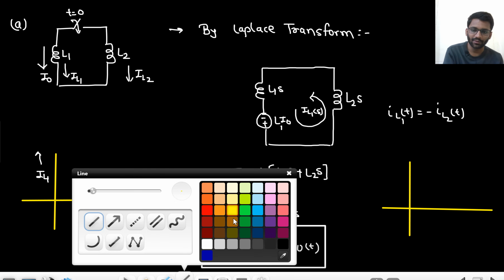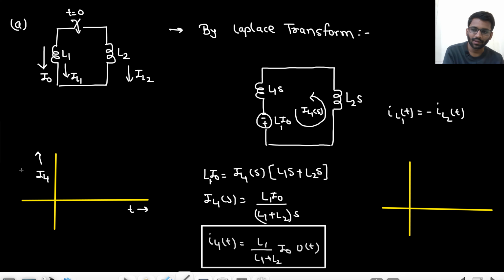So it is going from I naught to some other value.